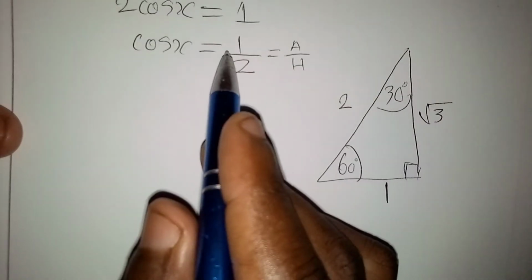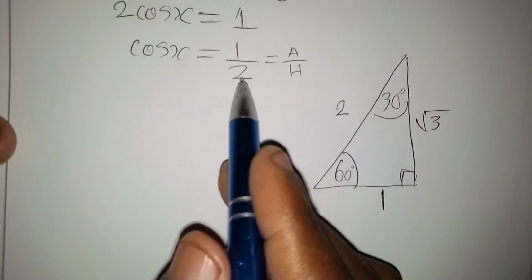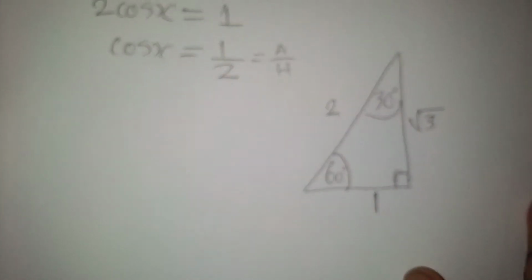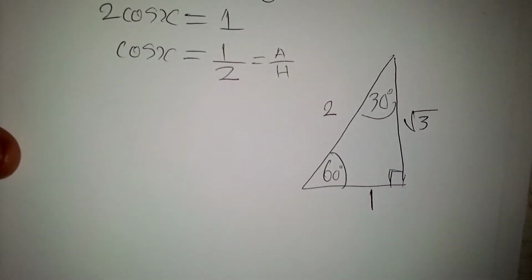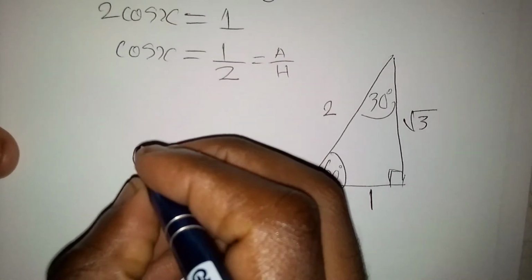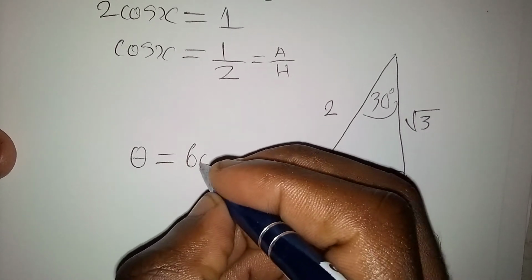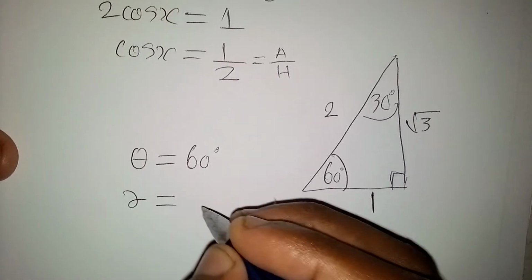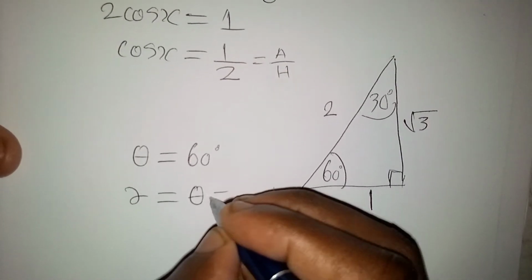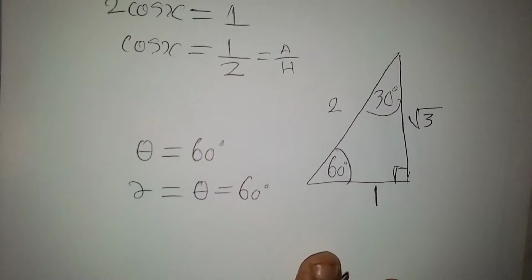Thus, this value here is a positive value, so we are going to consider the quadrant where cos is a positive value. So our theta here is 60 degrees, meaning our alpha in the first quadrant is equal to theta, which is equal to 60 degrees.